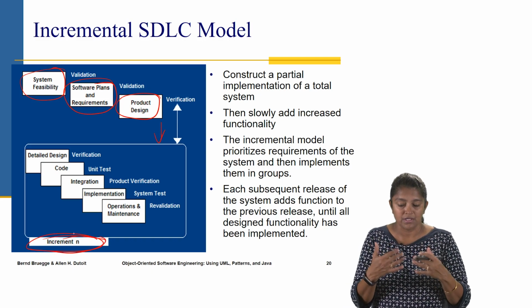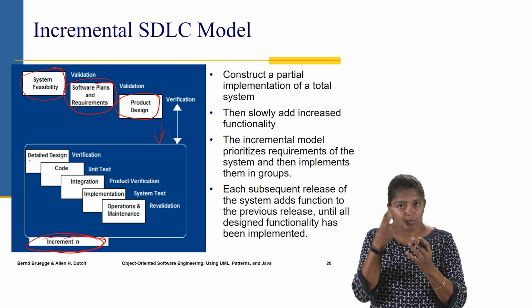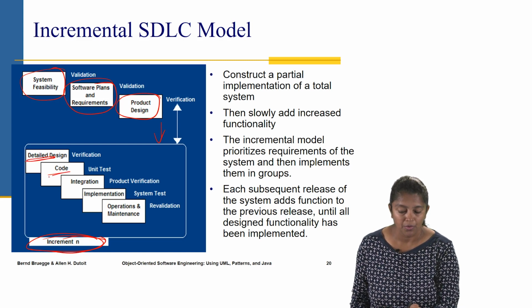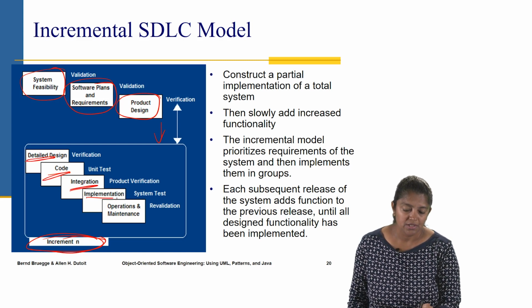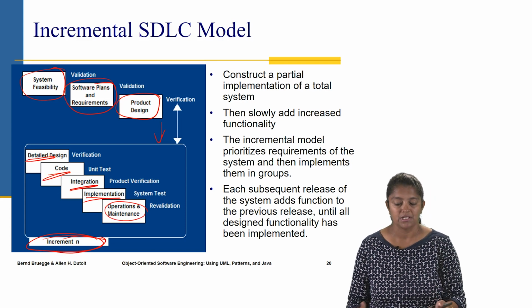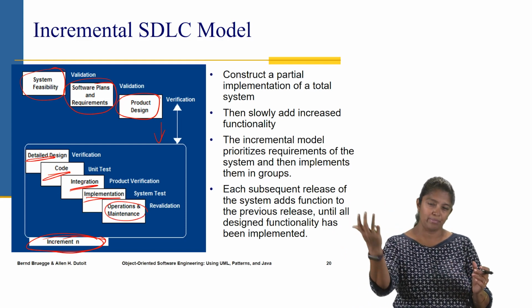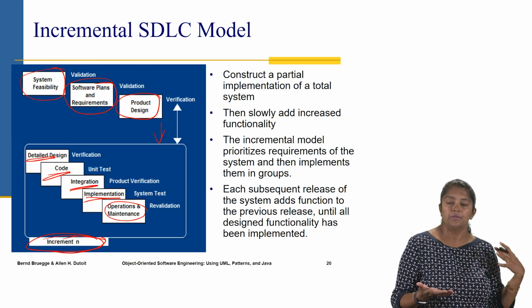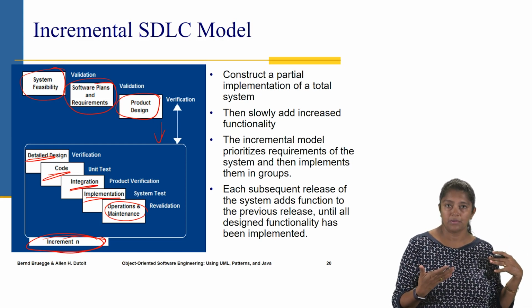So in the first increment, we pick one module and conduct a detailed design of that module, code it, perform integration, implementation, and maintenance. So basically the idea is to completely develop that single module and deliver it to the customer so that feedback can be obtained.